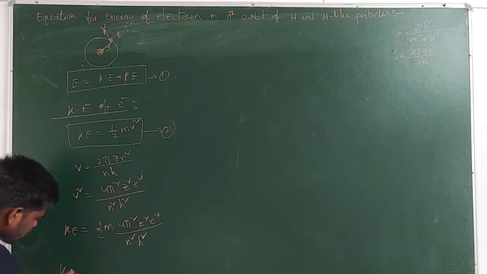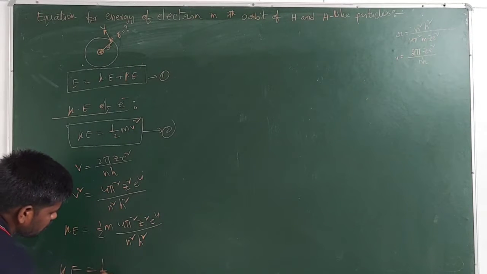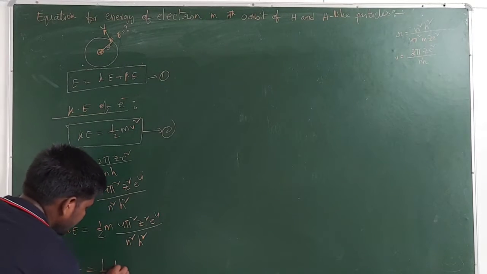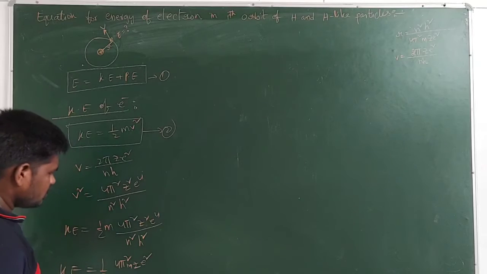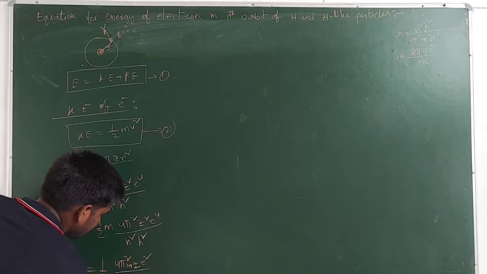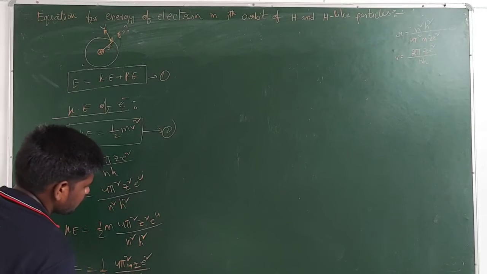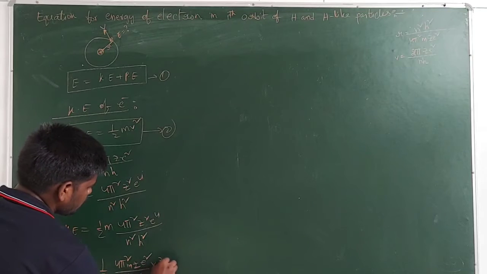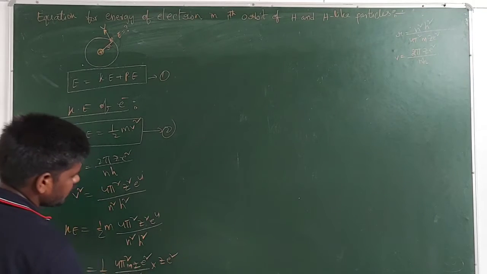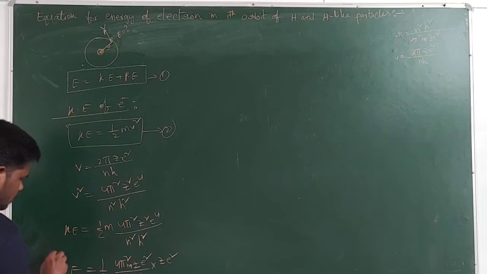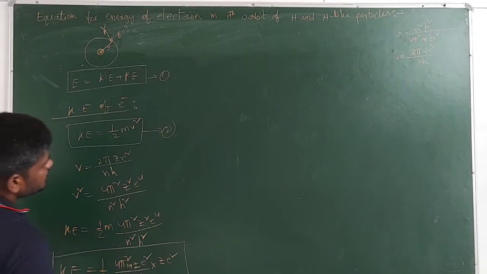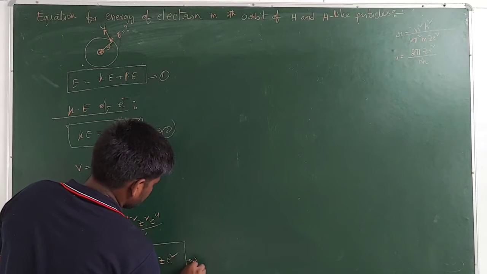Let me modify this equation like this, half into 4 pi square m ze square by n square h square, and rest of the things you write here, ze square. This one you can modify like this. Now take this one as equation number 3.